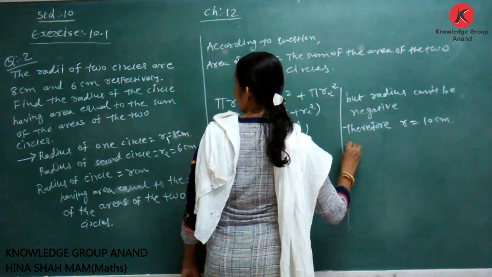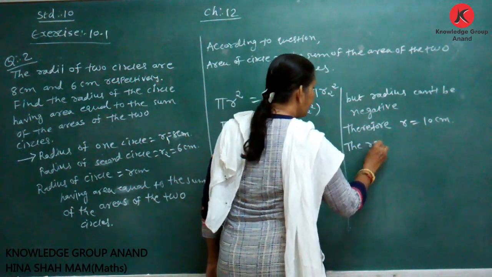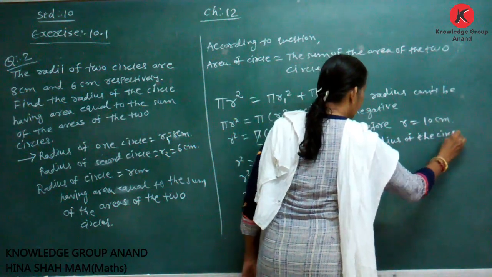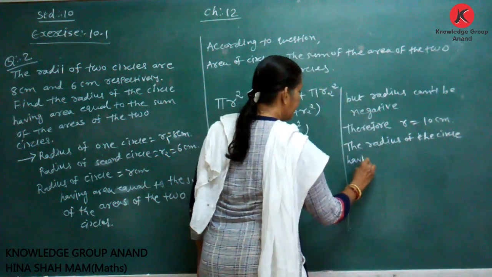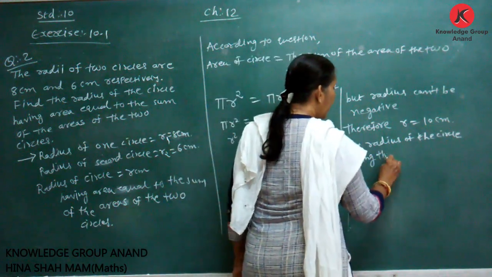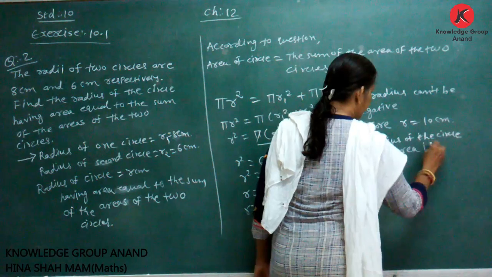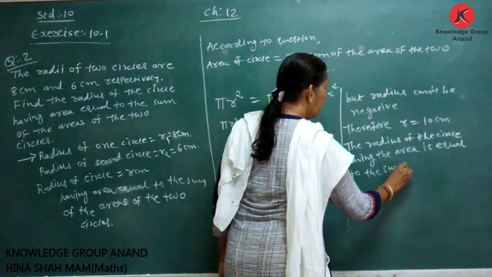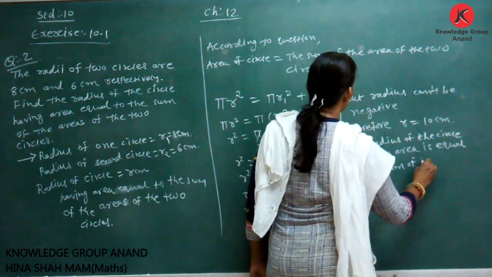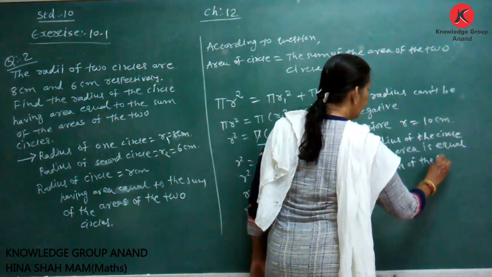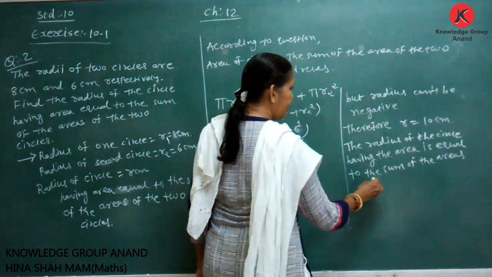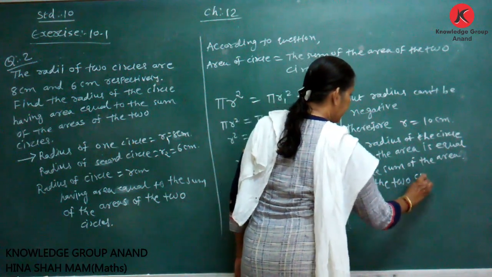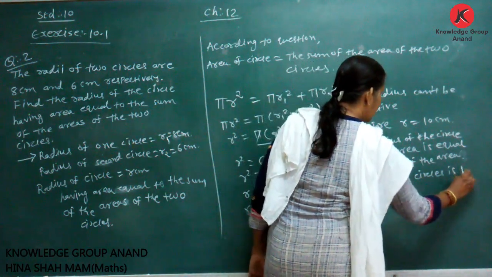Then, the radius of the circle having area equal to the sum of the areas of the two circles is 10 centimeter.